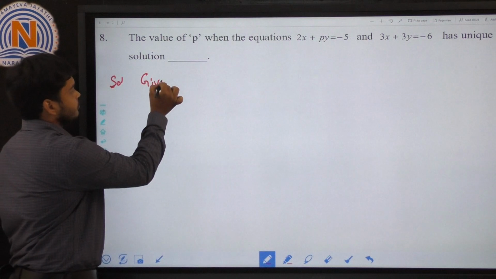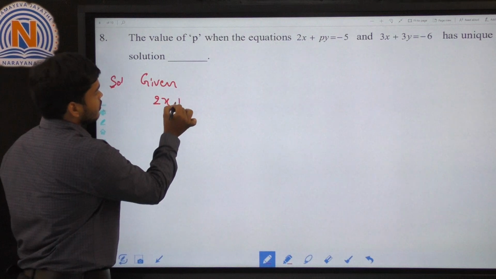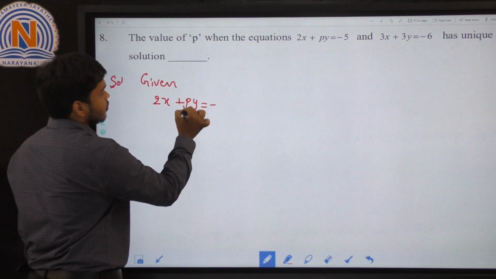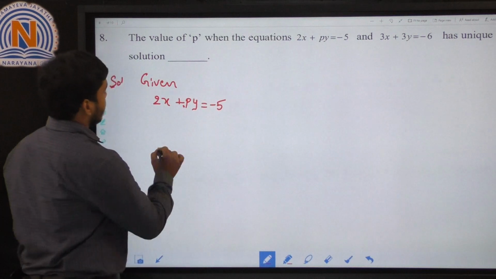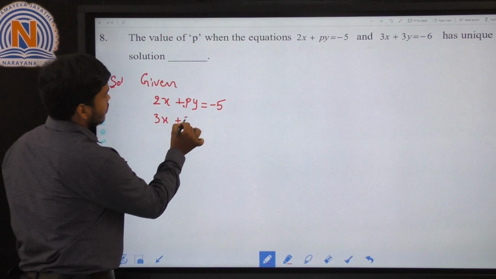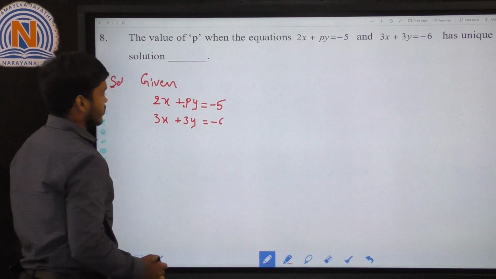So given 2x plus py is equals to minus 5 and 3x plus 3y is equals to minus 6.